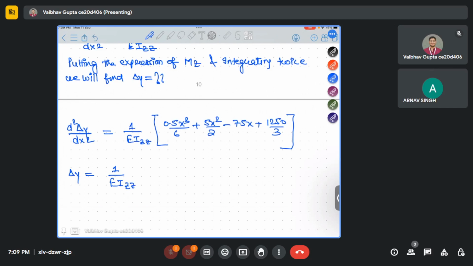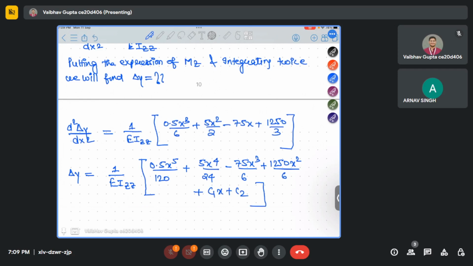you know the integration, no? Yes, sir. So if you double integrate this expression, what you will get? I'll write 0.5 x5 by 120 plus 5x4 by 24, minus 75 x cube by 6 plus 1250 x square by 6 plus c1x plus c2.